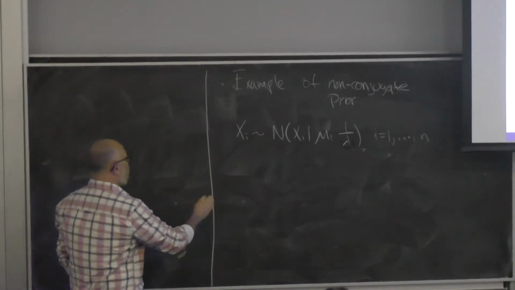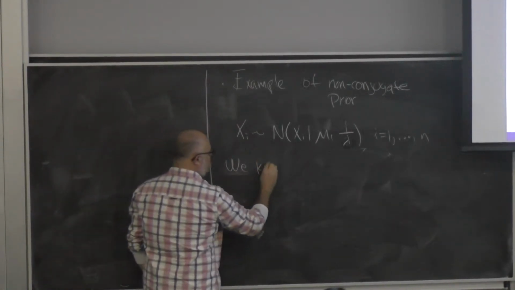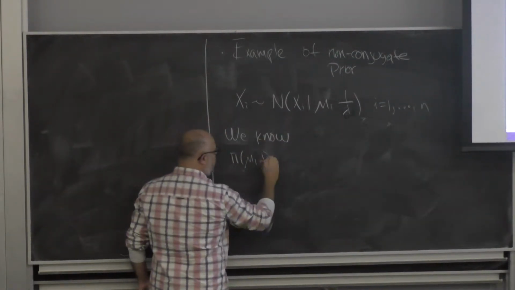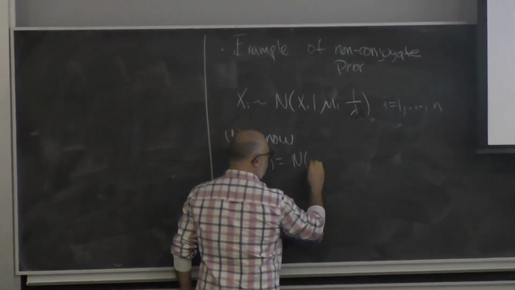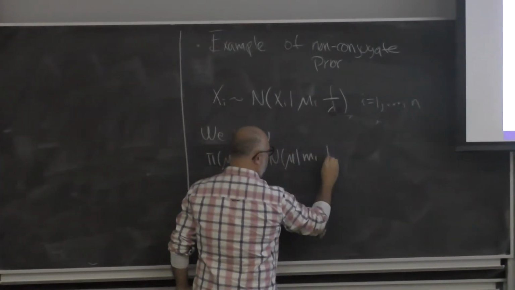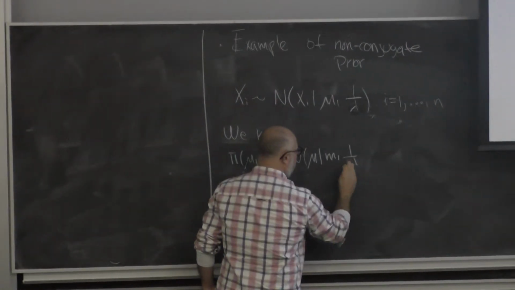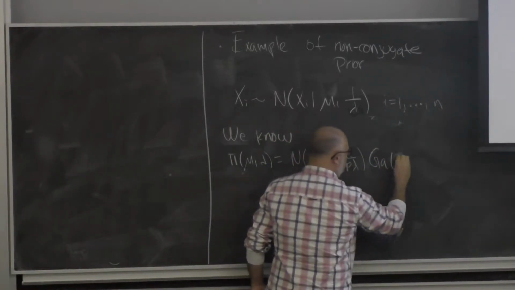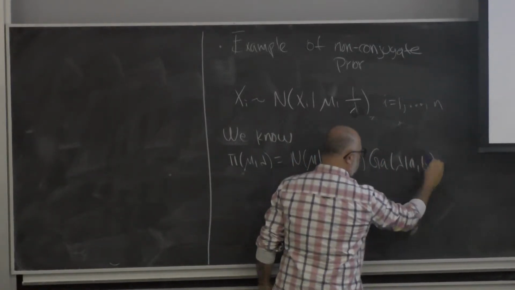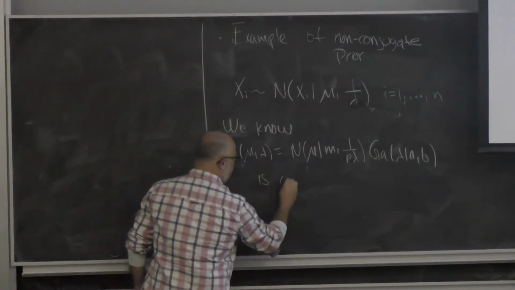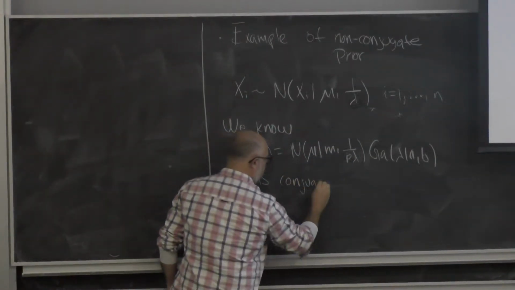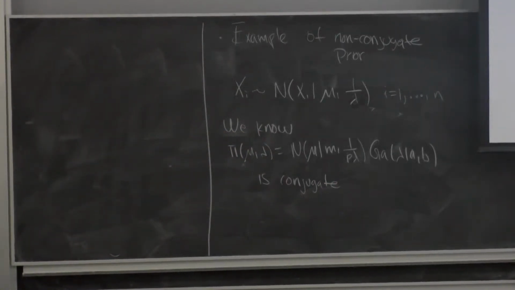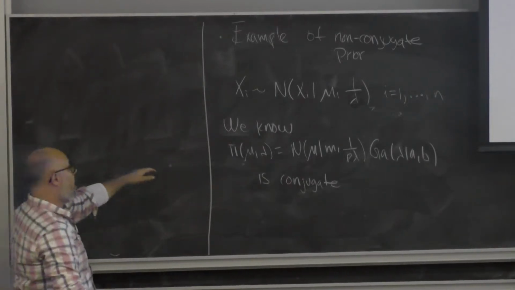And we know that the conjugate prior we use, if we use that prior structure, the posterior distribution will also be normal gamma.